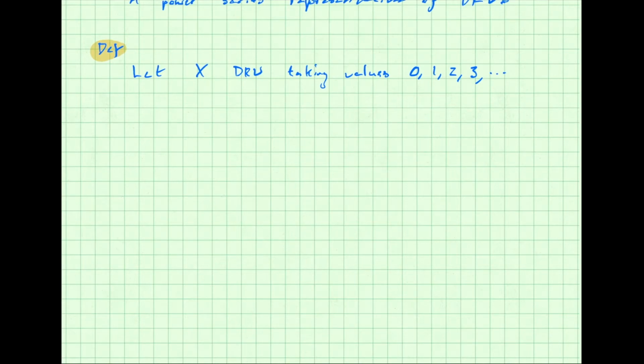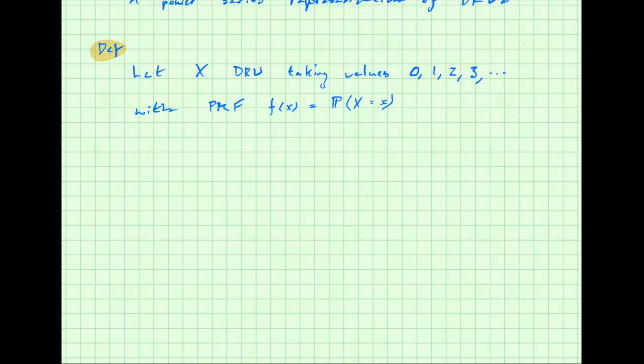Let's say it has a PMF f of x. Let me remind you what that is: the probability that X is equal to little x, that X takes on the value little x.